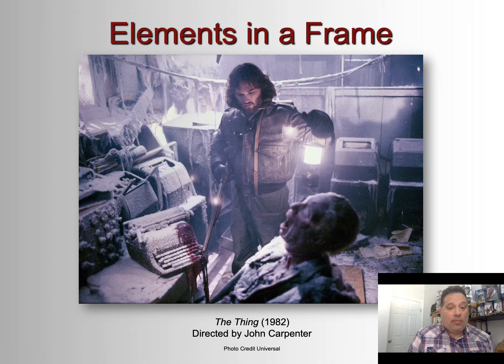So what is the filmmaker guiding our attention to? Well, mainly this gory scene, right? Because he foregrounds it right in the middle of the frame. And then all these other details are layered in around what's in the foreground and in the center, right? All these frozen things and busted up machines and stuff from this research station that's come under attack.